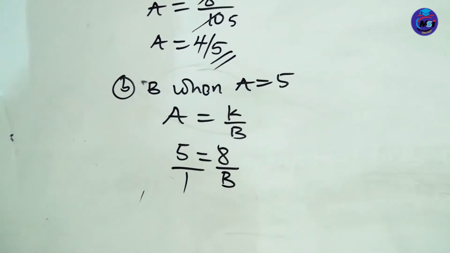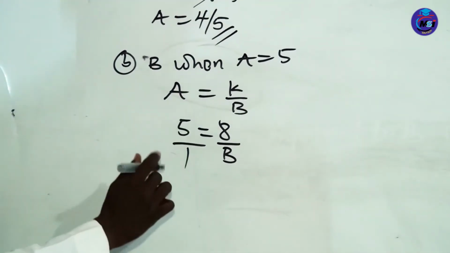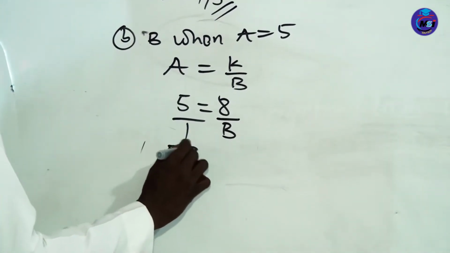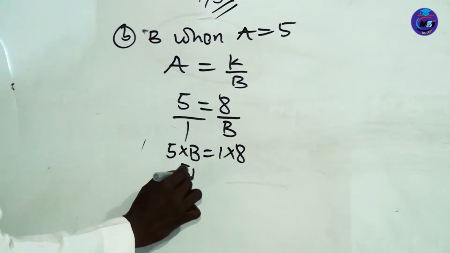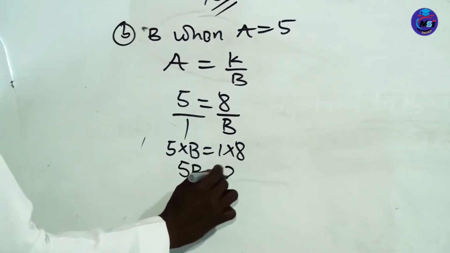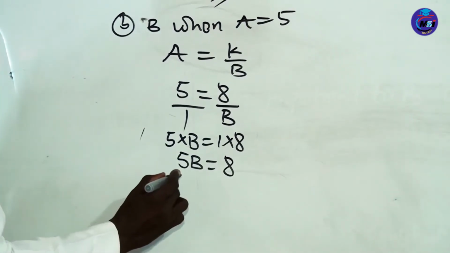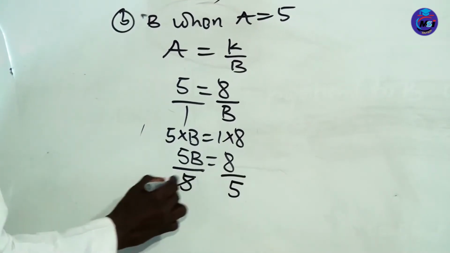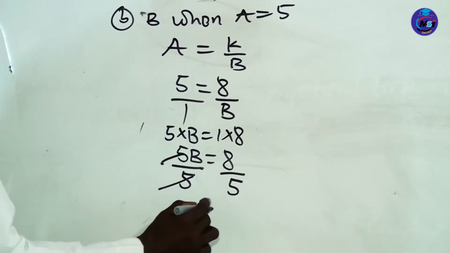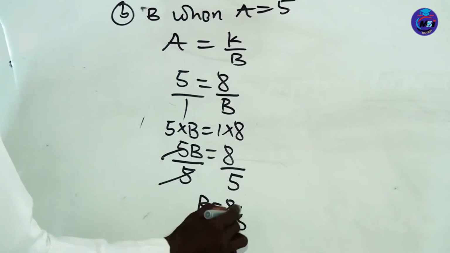Divide this by 1 to make it a fraction. Then you cross multiply. We have 5 times B equals 1 times 8. This will give us 5B. 1 times 8 will give us 8. You divide both sides by 5. Divide this by 5, this cancels this. B will give us 8 all over 5.